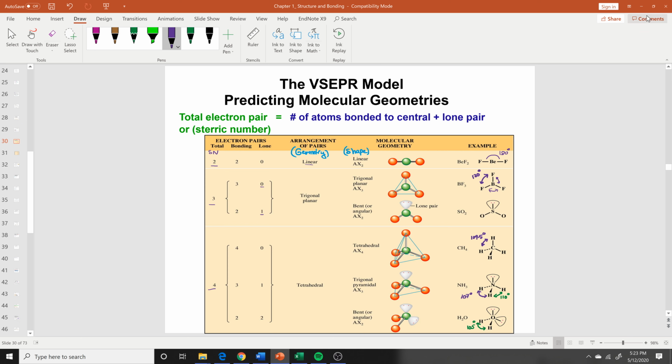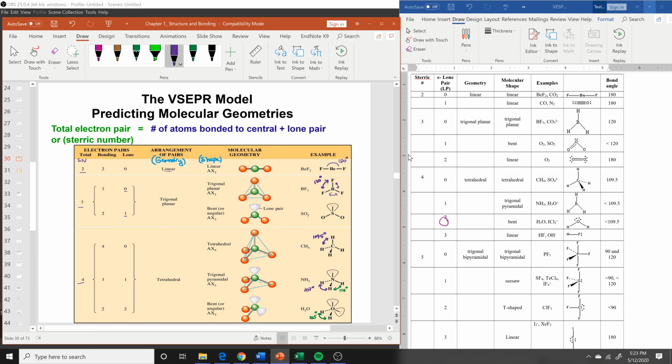So if you have 3 and 1 lone pair, the molecular shape is going to be bent, and the bond angle is going to be less than 120. The more lone pairs you have, the lower the bond angle, but it actually depends on how many groups you have around the central atom and whether it is possible or not.